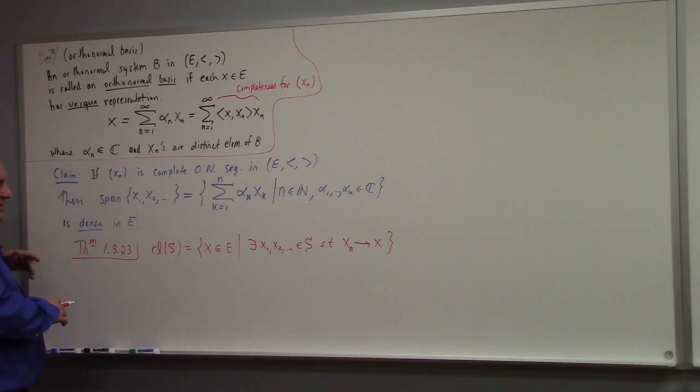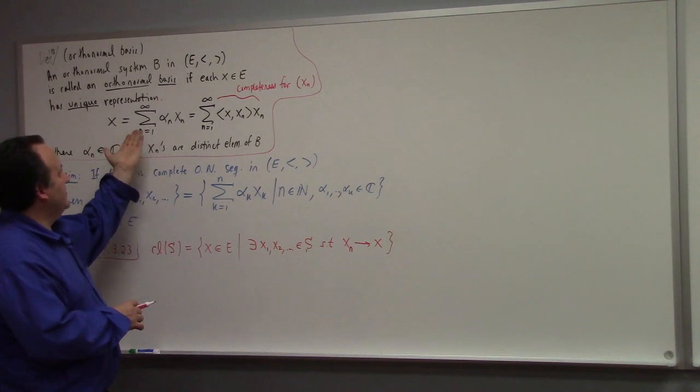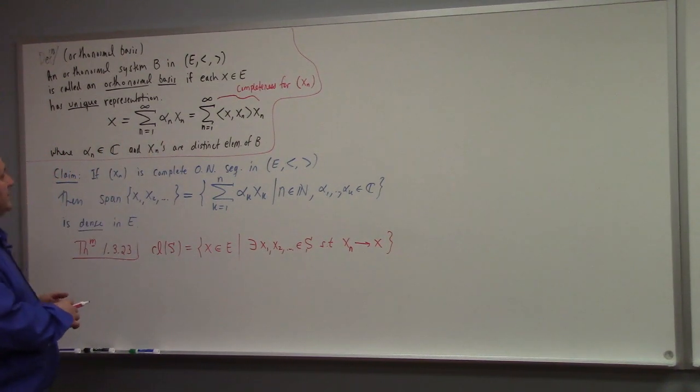What I was thinking roughly is that these are the partial sums of these series, and so convergence of the partial sums is essentially built into the theorem. I'm being a little bit fuzzy.